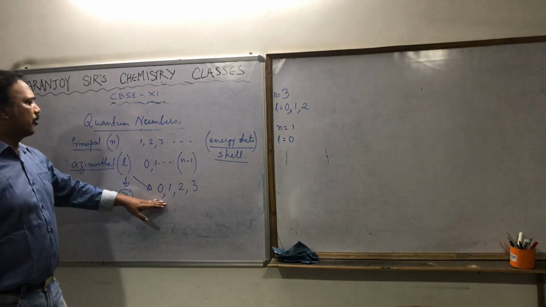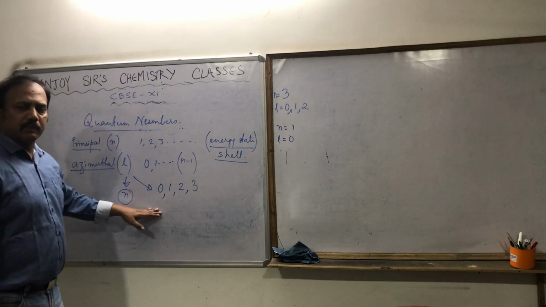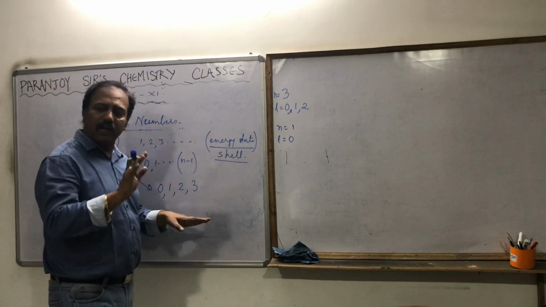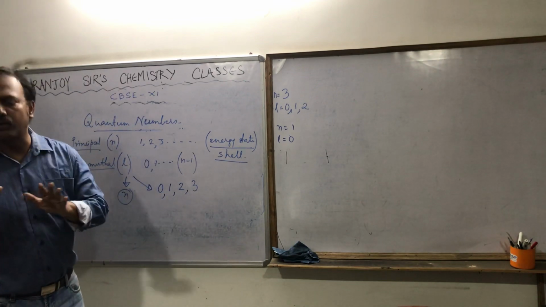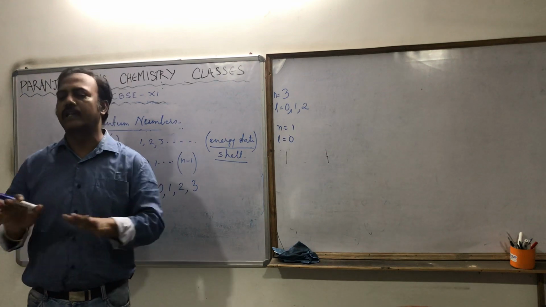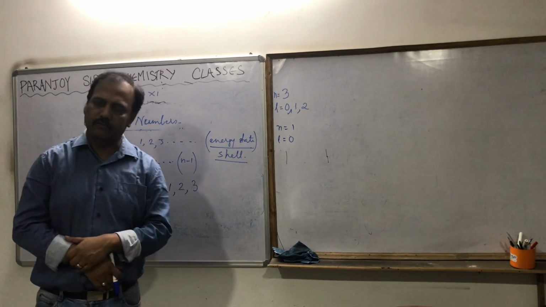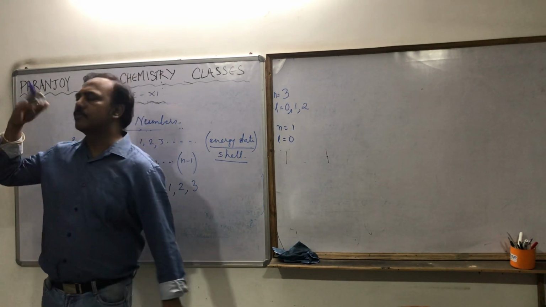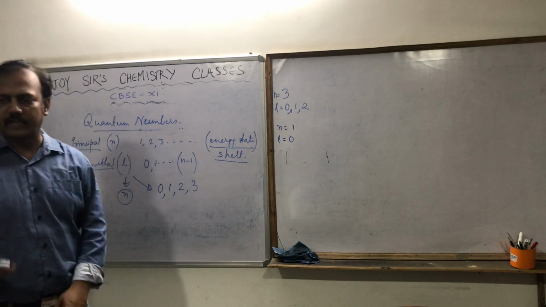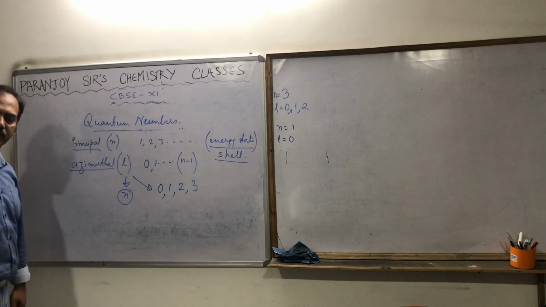There can be 4 different values of L that we are going to use, because that solves the purpose for whatever elements are discovered till now. If more elements are discovered, we can use more values of L, but at this moment, knowing these 4 is fine.